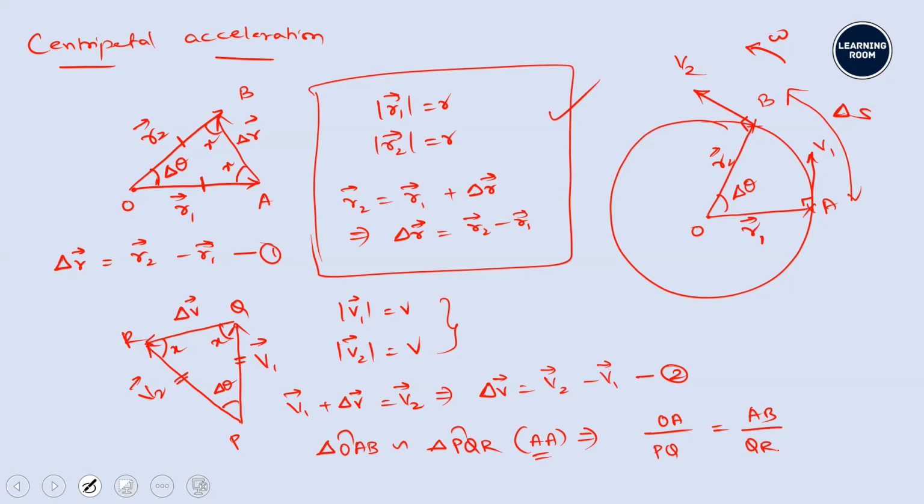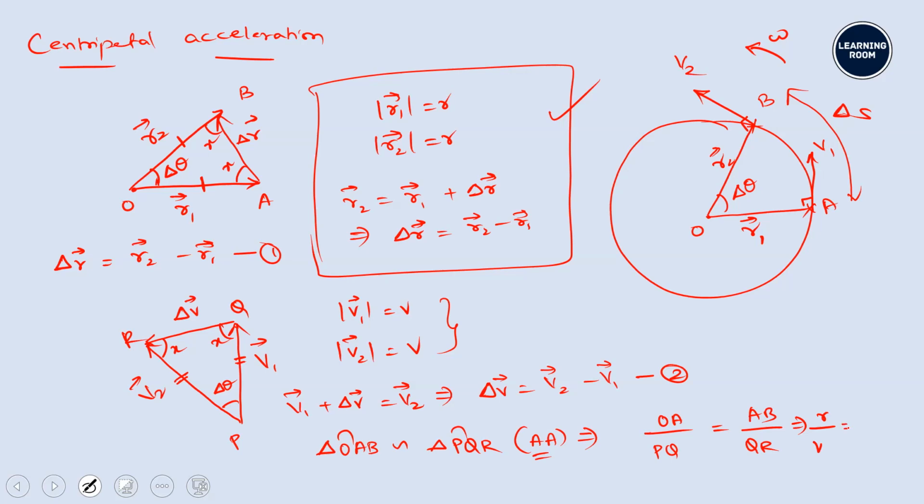What is the magnitude of OA? The magnitude of OA is the R1 vector's magnitude, which is R itself. So from here I can conclude that R divided by the magnitude of PQ, which is V, will be equal to AB divided by QR.